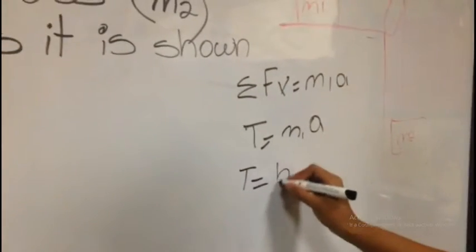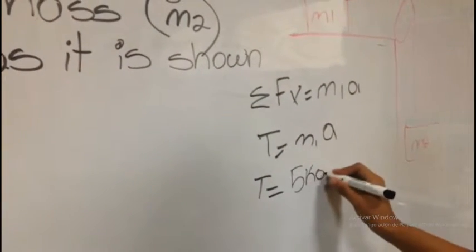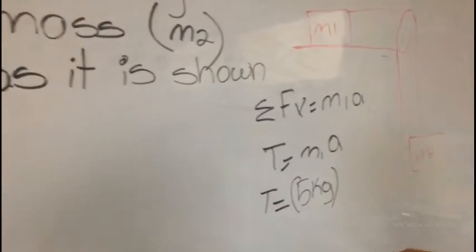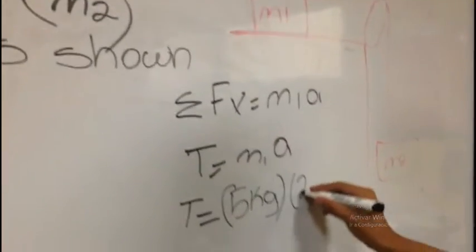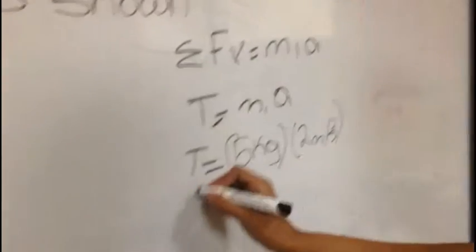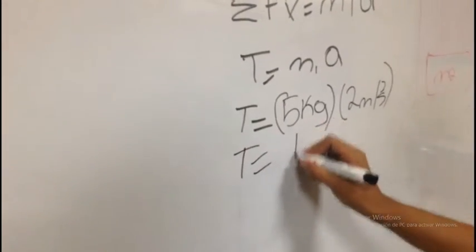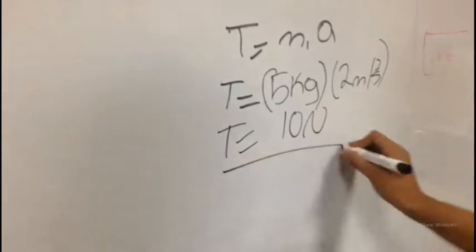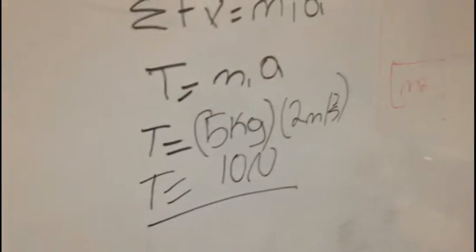That is 5 kilograms and 2 meters per second squared. And the answer will be 10 newtons. That is how we find tension.